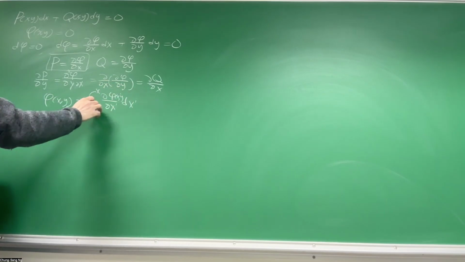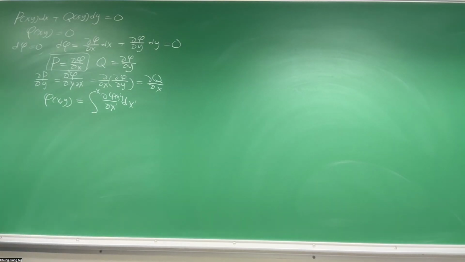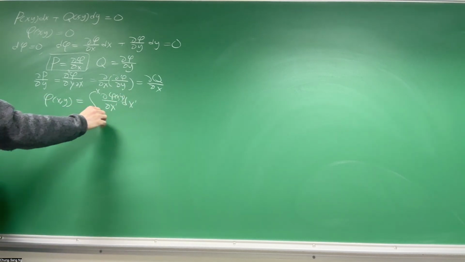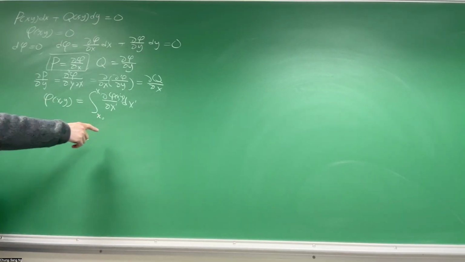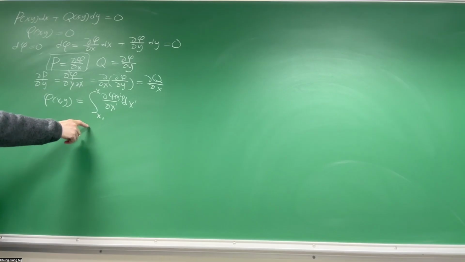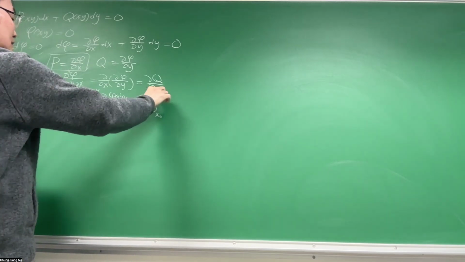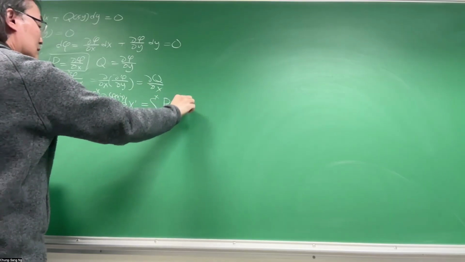The lower limit actually doesn't matter, but later on you can give it a name and set a condition between x and y, like a boundary condition or initial condition. That depends on how you look at it, right? So that is what you can do with this equation. Then this is just the integral of p(x', y) dx'.